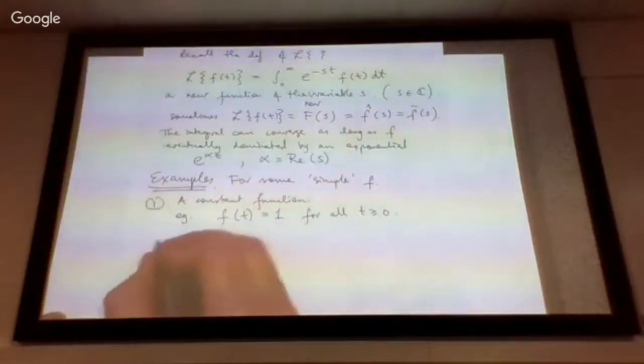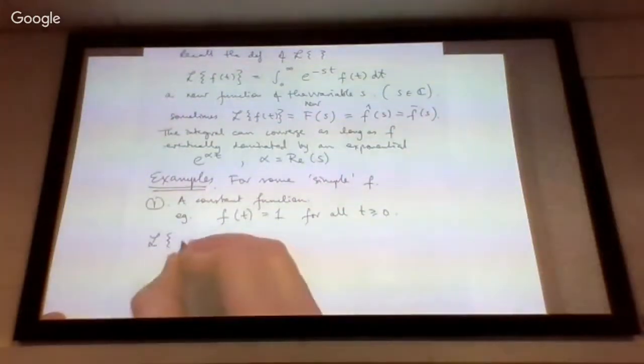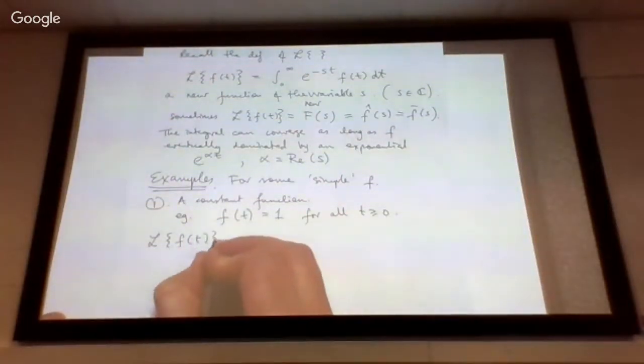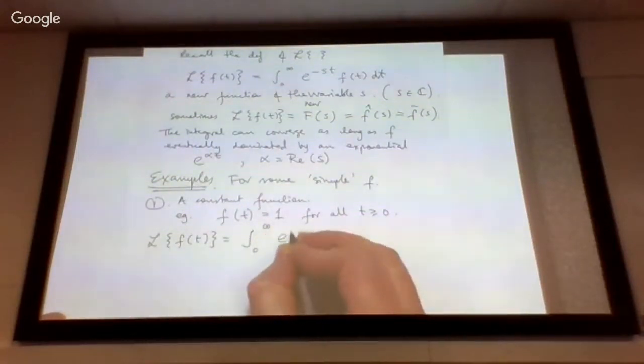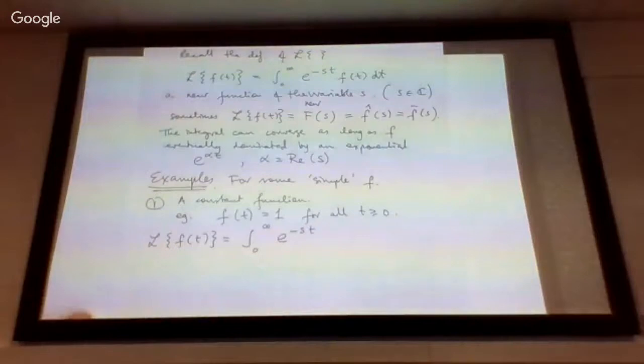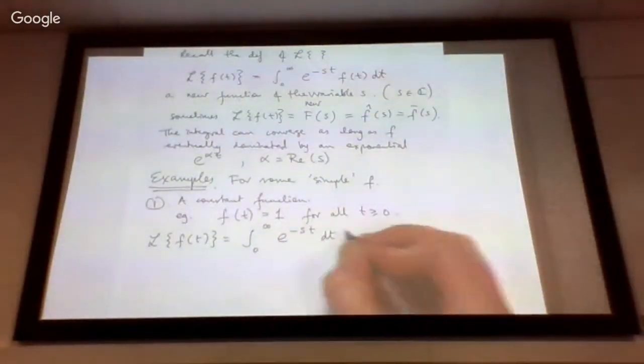So what's the Laplace transform of this? Well, we just apply the definition. It's the integral from 0 to infinity of e to the minus st multiplied by f of t dt. But f of t here is just the constant function 1, so there's nothing more to write down.